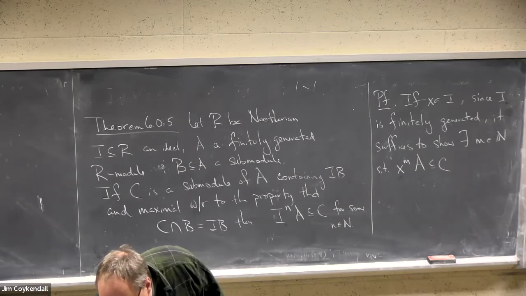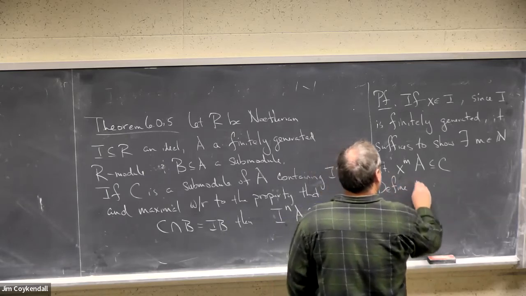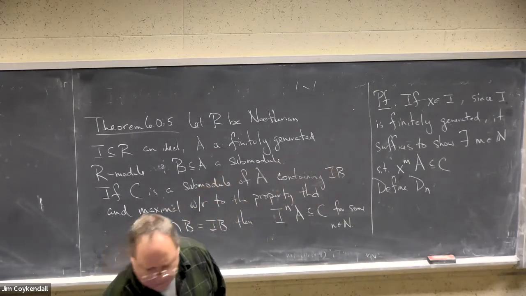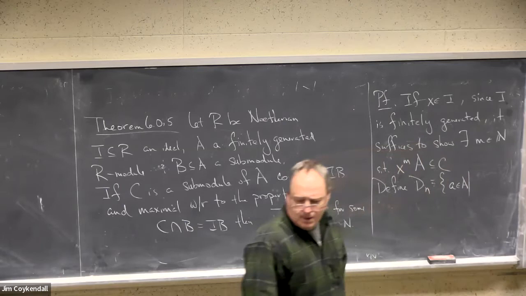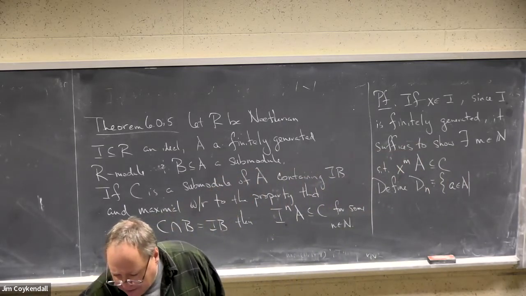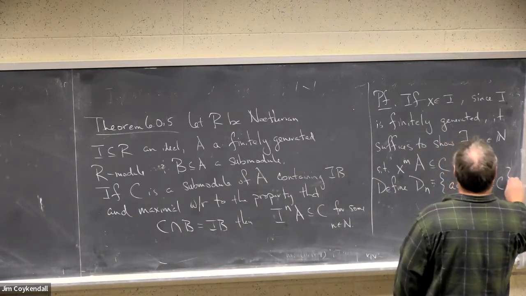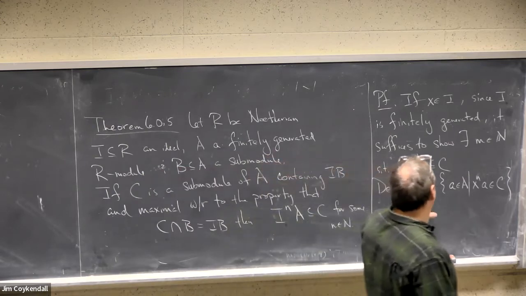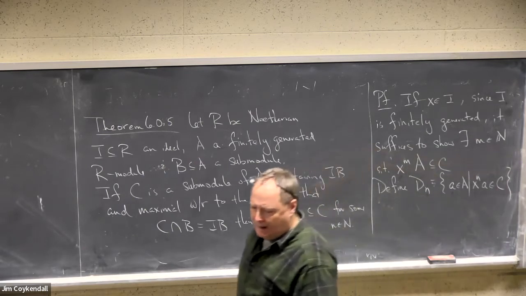So what we're going to do is define the submodule D_n of A. This is going to be all a in A such that x to the n times a is in C. So for this fixed x, we collect every a such that a is conducted into C by x to the n power, right?